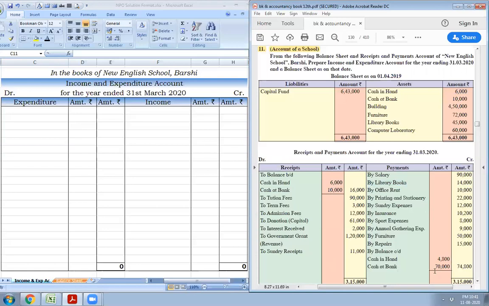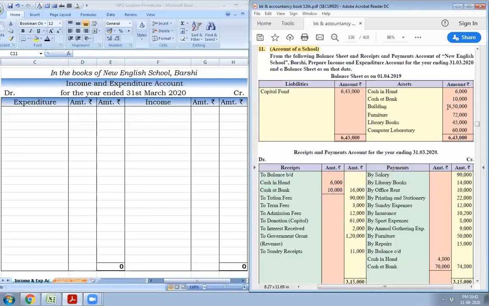At the end of the year, the closing cash balance is 4,800 and the closing bank balance is 70,000. So it will appear in the new balance sheet. We are going to record the closing balances of cash as well as bank in the closing balance sheet and not the opening balances. So this part we are going to ignore. Opening cash balance as well as closing cash balance, no need to record.